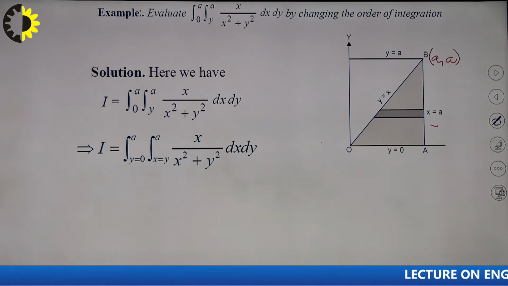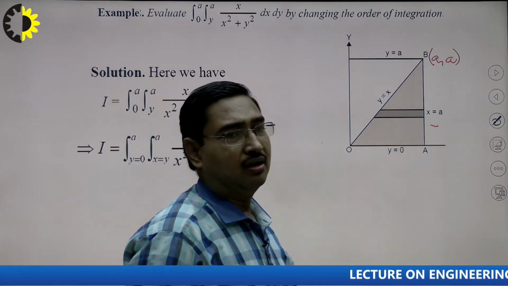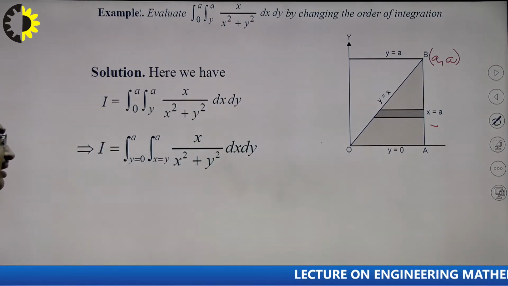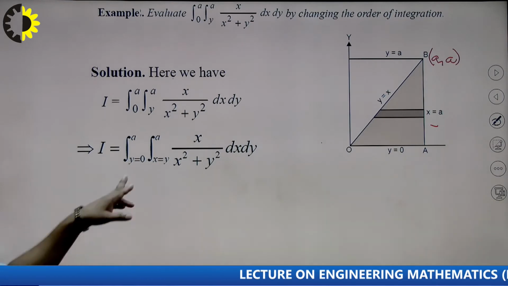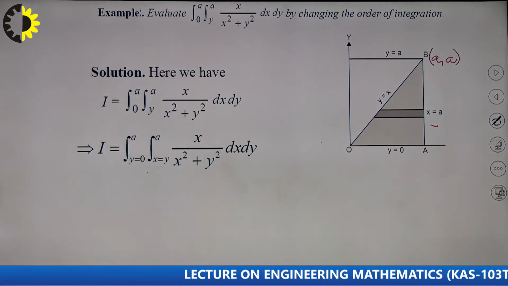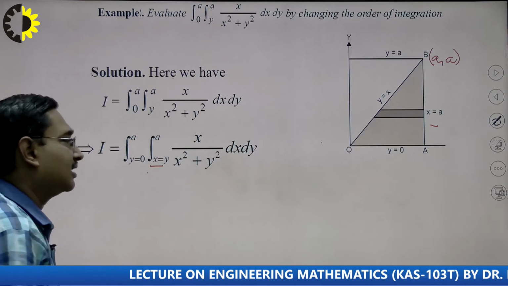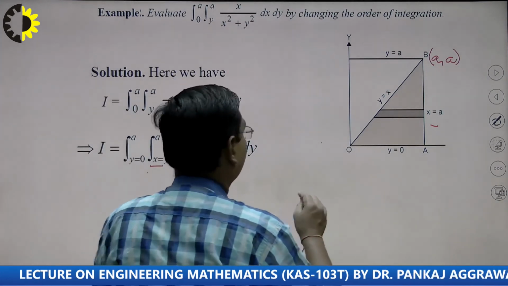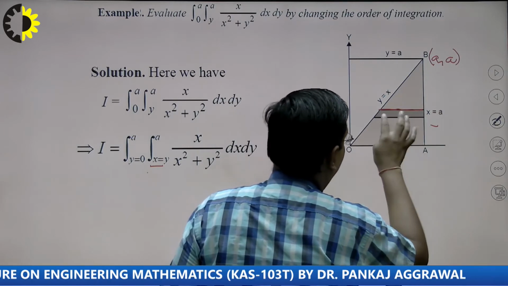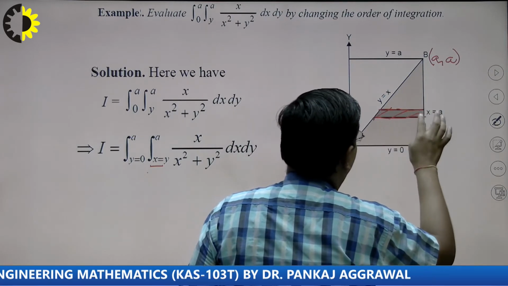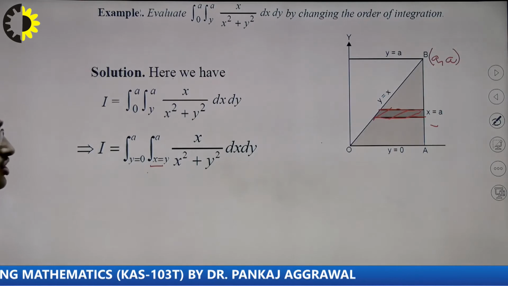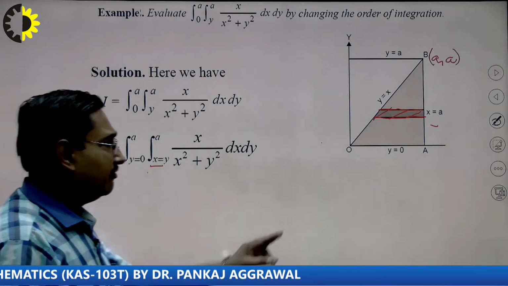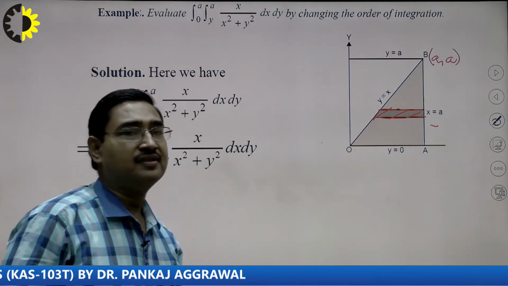Now that the region of integration is drawn, I will decide what type of slicing is there to write these limits. Because limits of x are inside, it means horizontal slicing, and these limits are calculated using this type of slicing. To change the order of integration, we shall change the type of slicing.